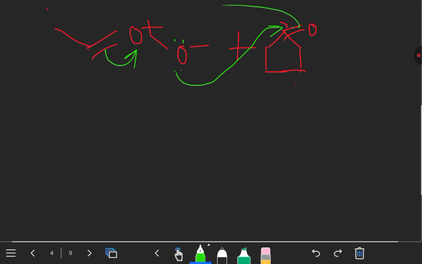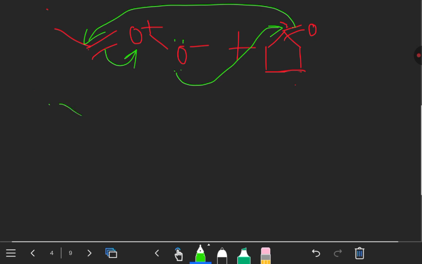So we're going to have that oxygen rather attacking this carbocation which is there. So what is now formed is this structure. So I'm going to have this structure like this.